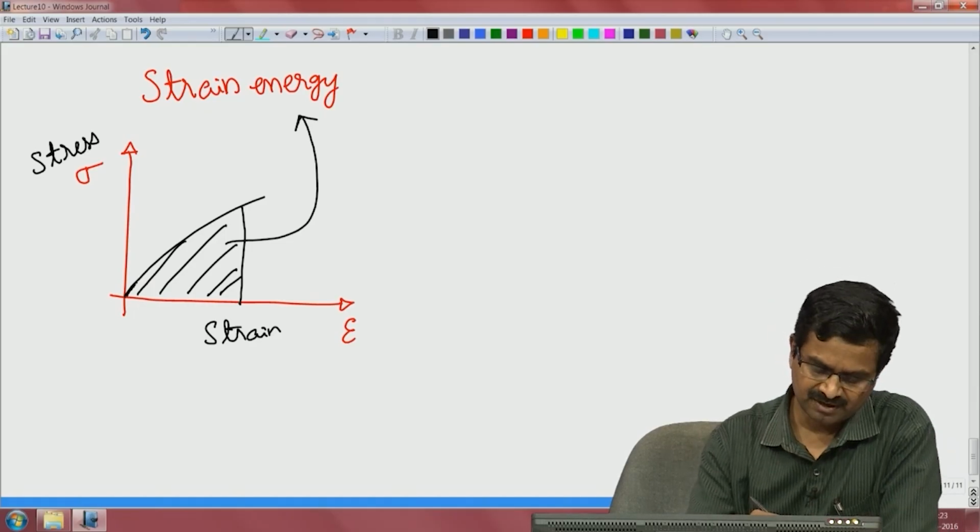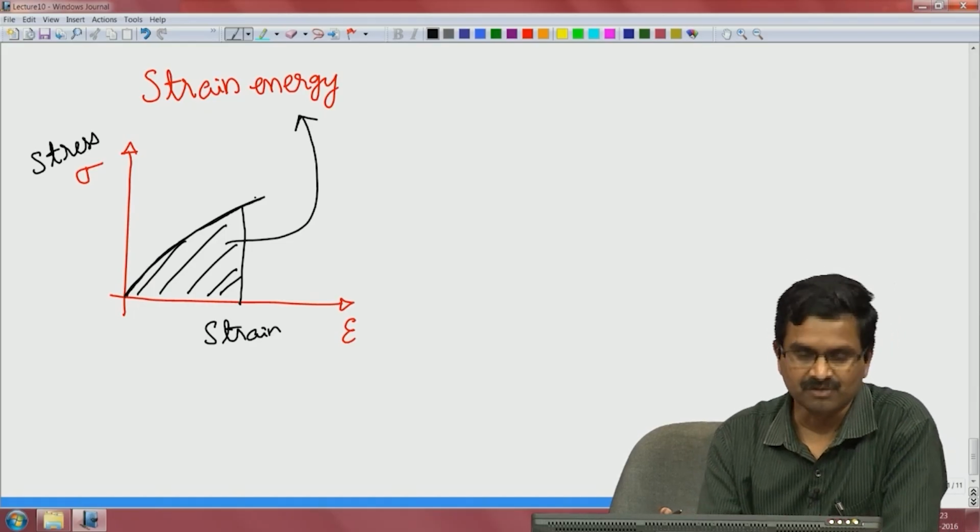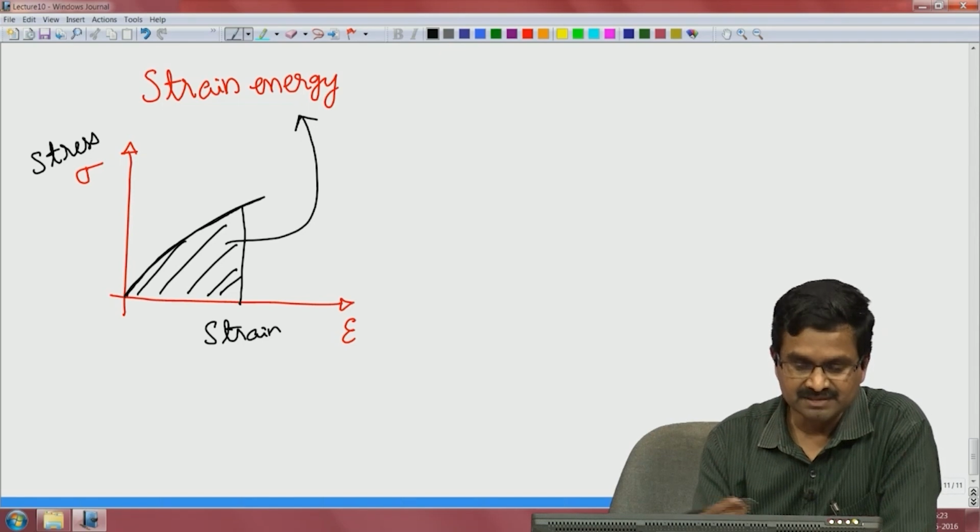I have deliberately drawn a nonlinear one, you can have a linear one also, but whatever it is, that is the strain energy.